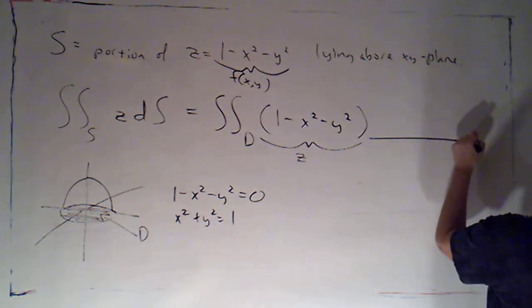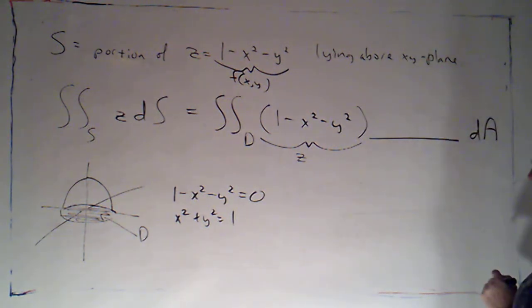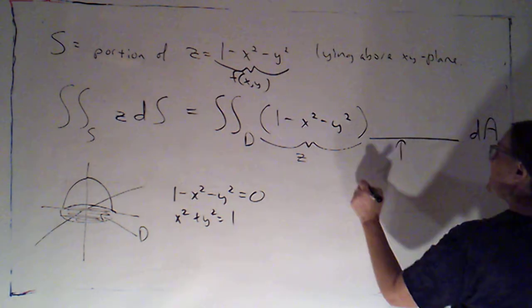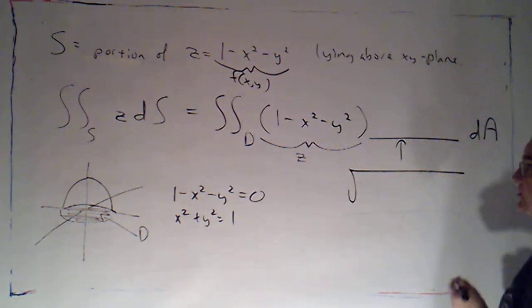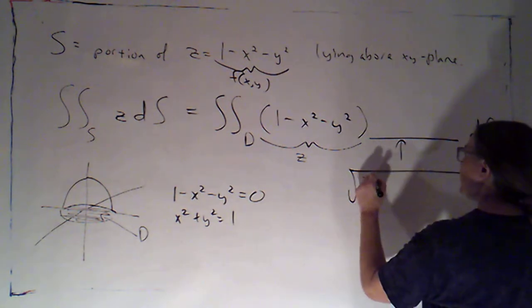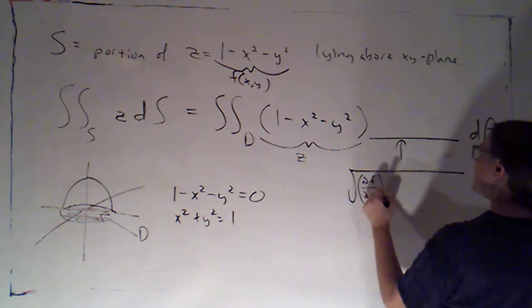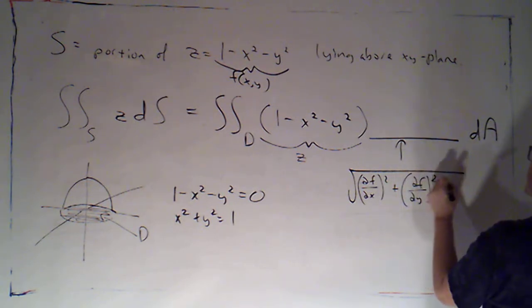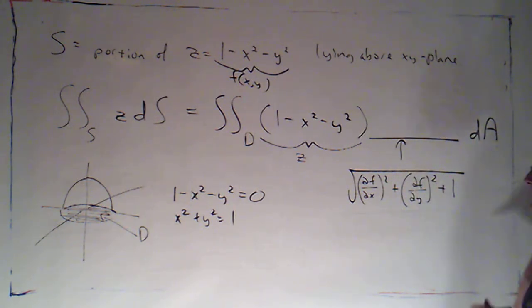Then I'm going to get my scaling factor dA, and I know that my scaling factor is just going to be the square root of the partial of f with respect to x squared plus the partial of f with respect to y squared plus 1.